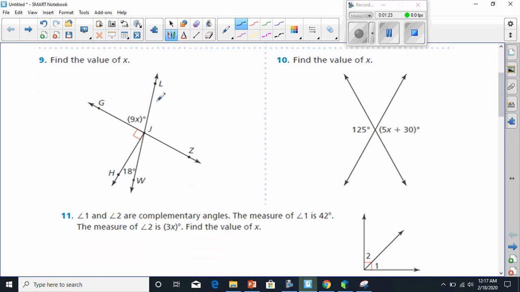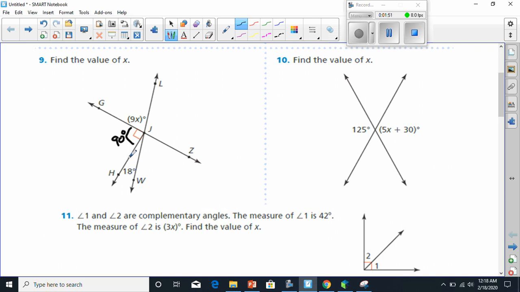Find the value of x. This is 9x, and that's the only x listed here, so we've got to figure out what 9x is. We're going to use all of our property skills. First of all, we see that this is a 90-degree angle, so we already know this is 90.